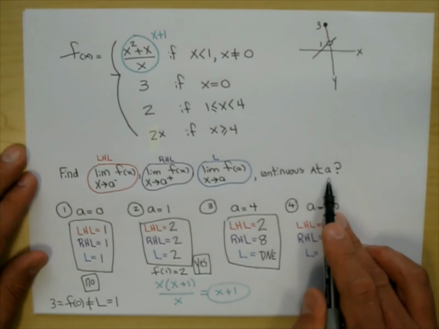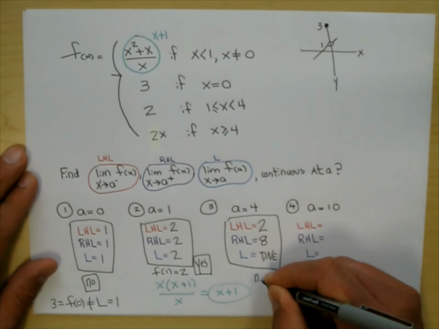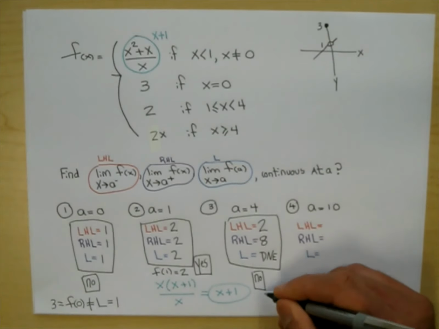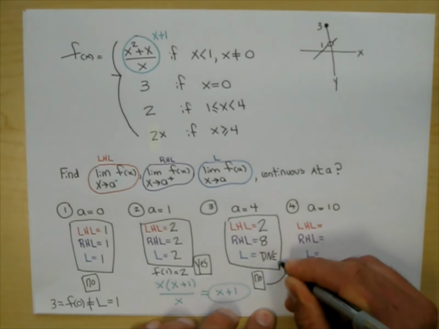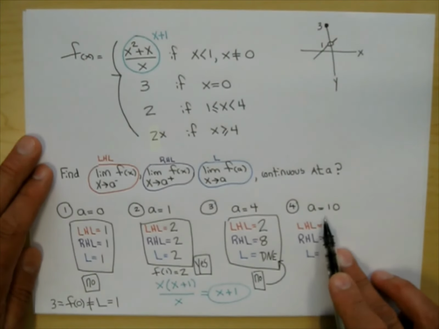Is the function continuous at 4? And the answer is no, there's a jump. The rationale behind that is because the limit does not exist. a equals 10.